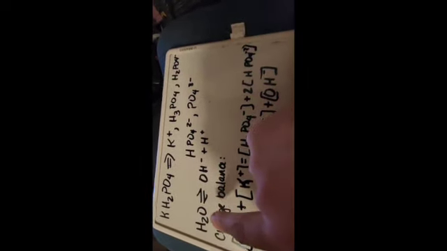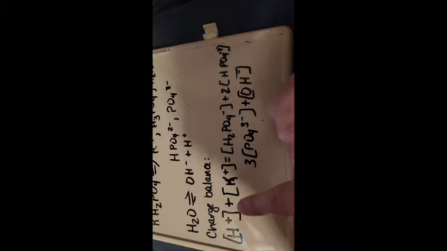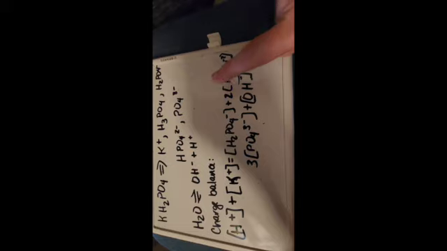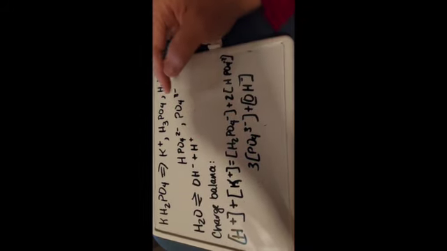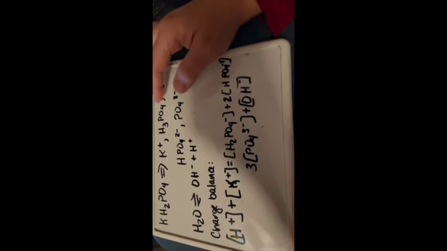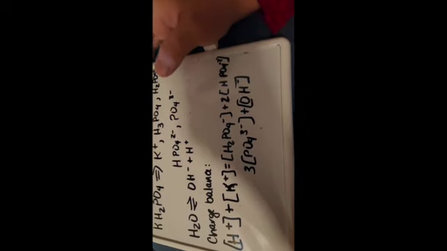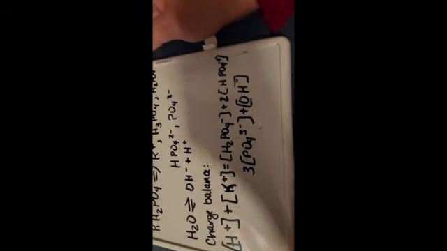And then we have water because it's aqueous solution, so we've got to add in our hydroxide and H+. And so this is what your charge balance is going to look like. It's H plus K plus everything else except H3PO4, because that is neutral. It does not have a charge, therefore it doesn't participate in the charge balance equation.